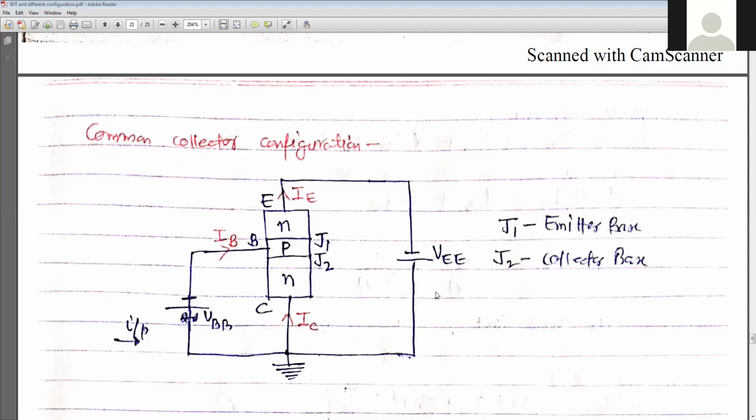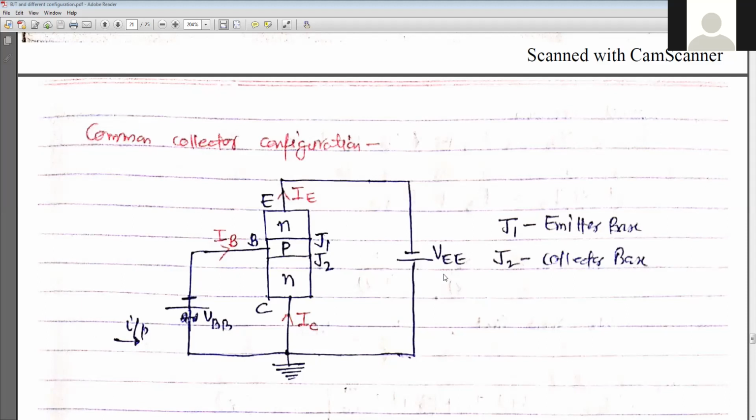But if there is a voltage drop, then it is dropped accordingly. Here, when I say VEE, that is similar to VCE, because there is no other resistance. But if I put some resistance, then there will be a change: the total voltage will be VCE plus current times resistance.